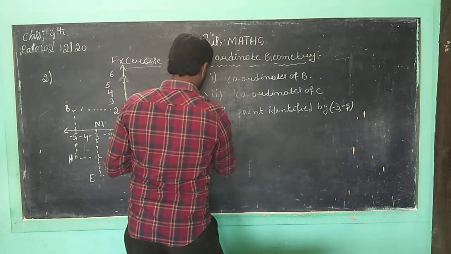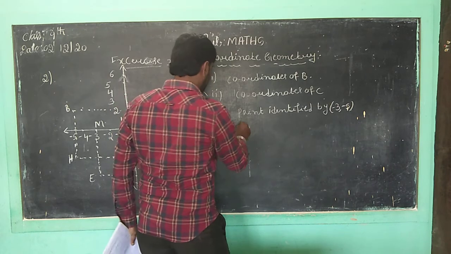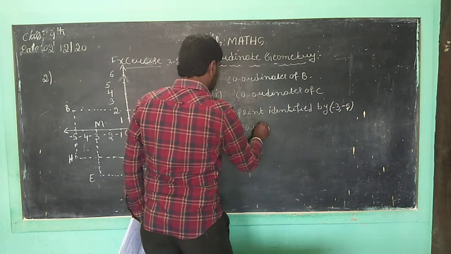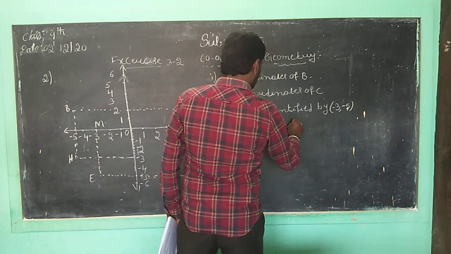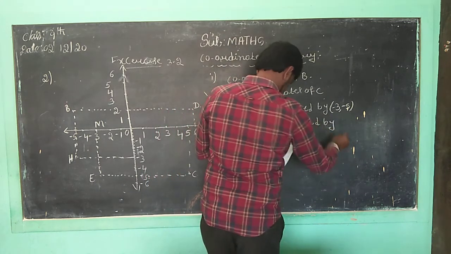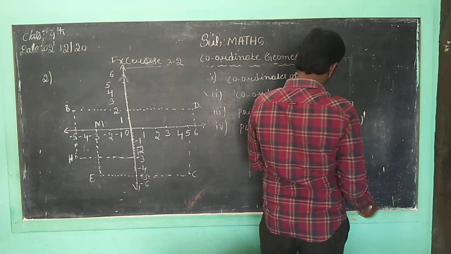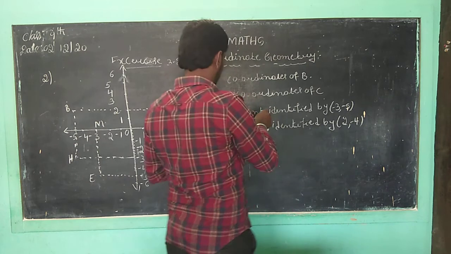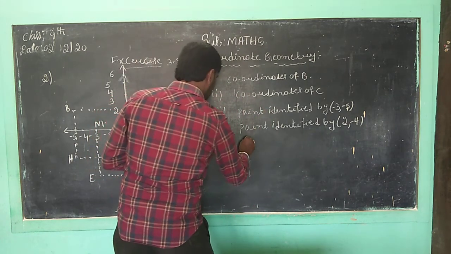Fourth one is the point identified by +2, -4. Then the fifth one is abscissa of D. Correct, children?